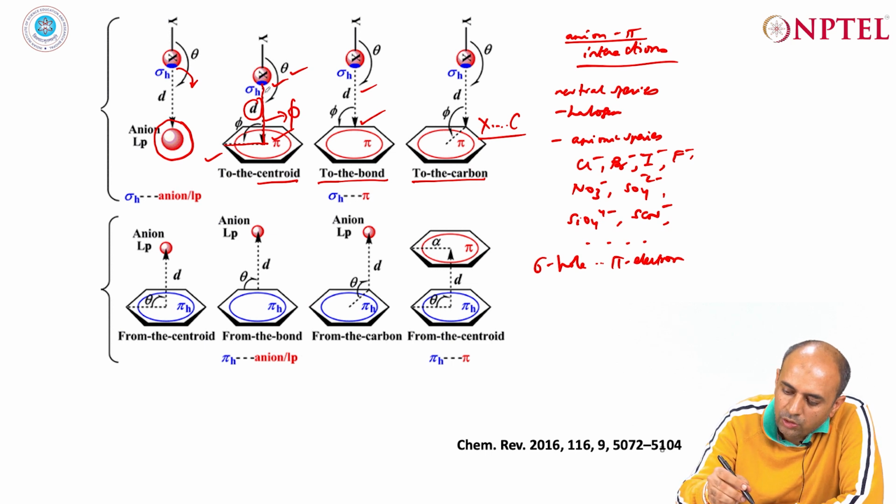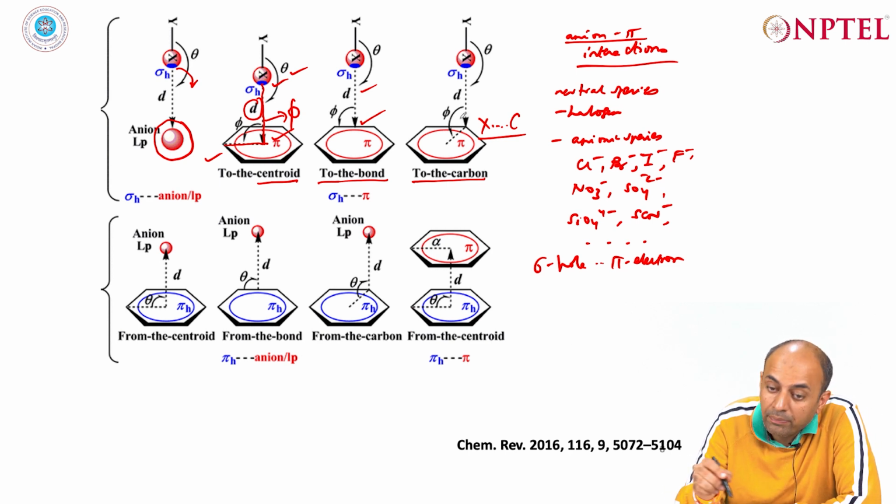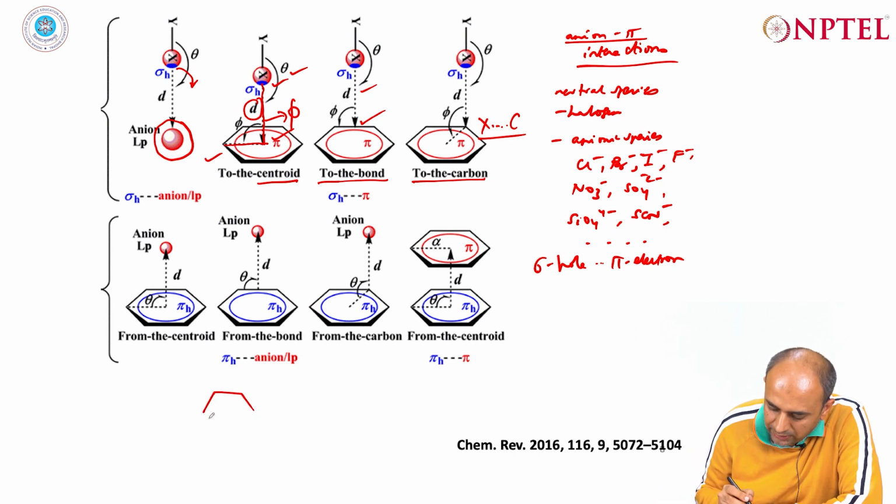Again, the equilibrium internuclear separation is close to the sum of the van der Waals radii. These three are the idealized orientations, but in reality, for example in solids, you can also have other approaches. For example, you can have an angular orientation of the C-X dipole with the centroid of the benzene nucleus.